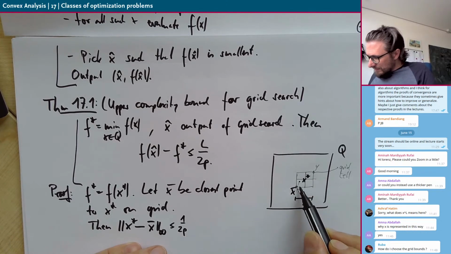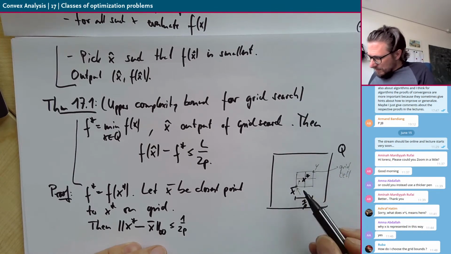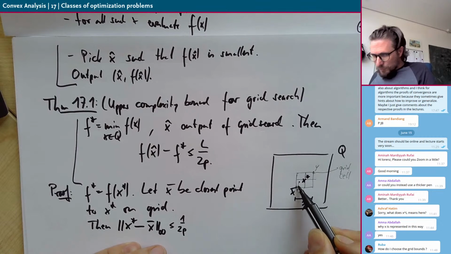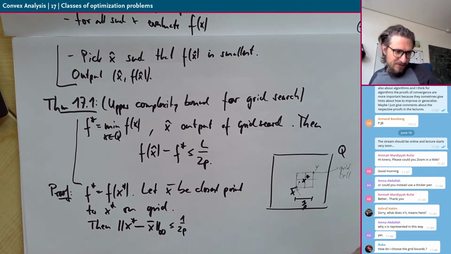So the side length here is 1 over p, this is 1 over p, and by moving to one of the corners, we don't have to move more than half the side length in each of the coordinates.